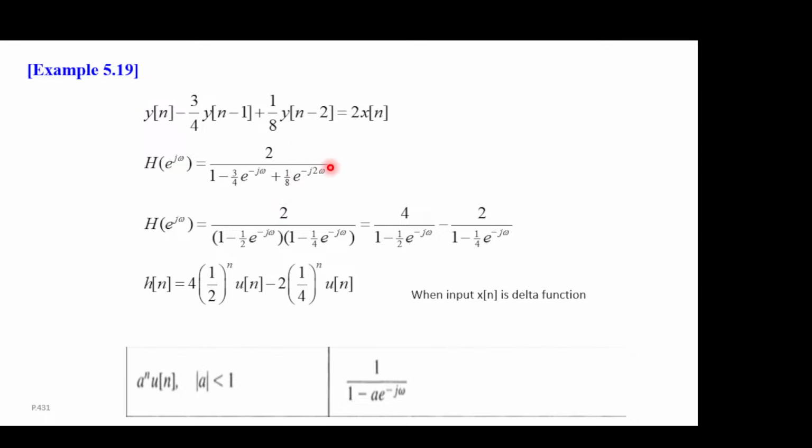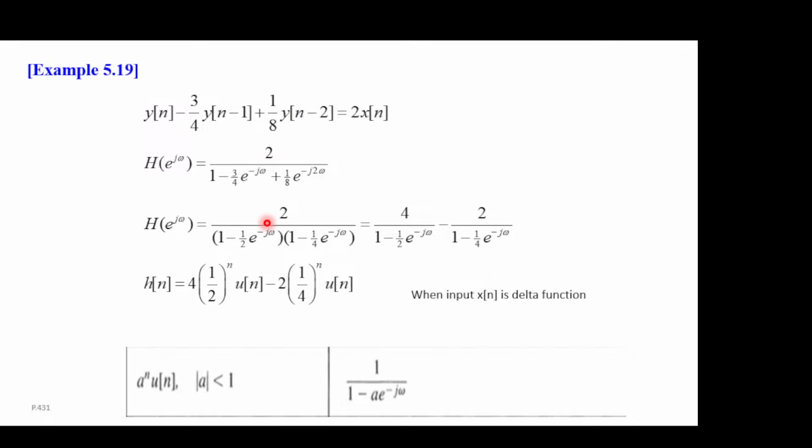Then how to do small h? How to do small h is you apply the inverse Fourier transform from big H to small h. And here, just like chapter 4, we do the partial fraction expansion so that we can plug in the formula to do the inverse Fourier transform, because doing the integration might be hard.